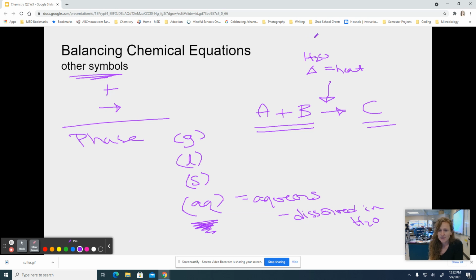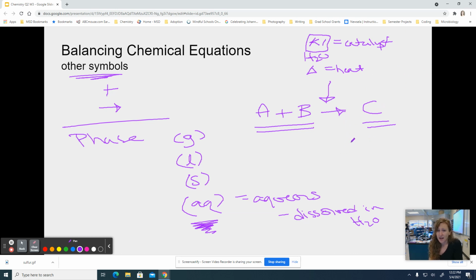And then you also might see a compound above the arrow. If you see an actual compound or molecule above the arrow, that's going to be something called a catalyst. It actually is not involved in the reaction. It doesn't change. It's there in the beginning, it's there at the end, but a catalyst is going to speed a reaction up. It's going to change the reaction rate.